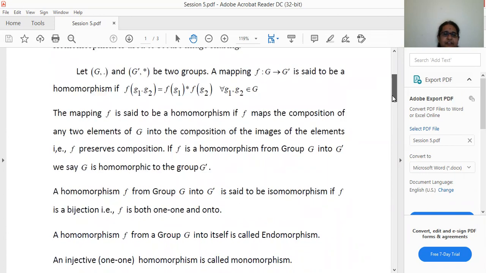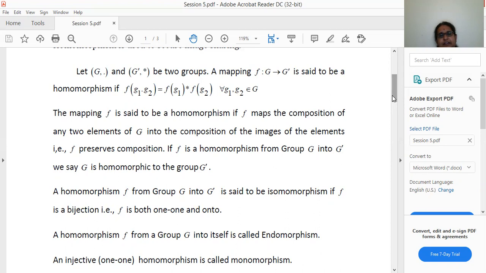Now, we shall see some particular cases of homomorphism. f from G to G' is a homomorphism, and if it is both one-to-one and onto, then the mapping is said to be an isomorphism. Suppose the mapping f is from G to G, that is, domain and codomain are the same. If the mapping is a homomorphism, then that is known as endomorphism.